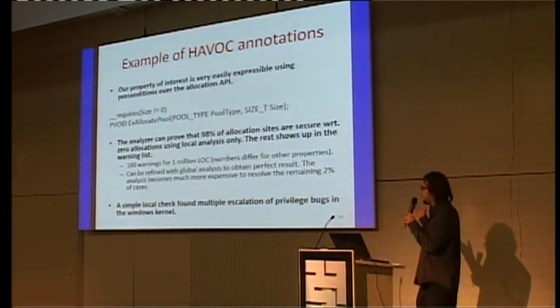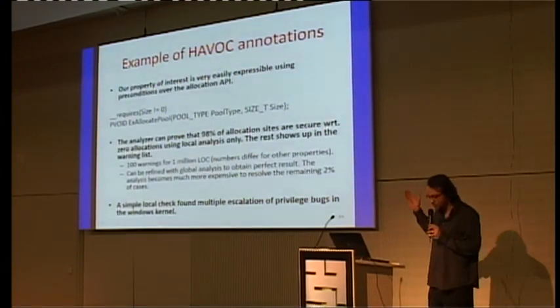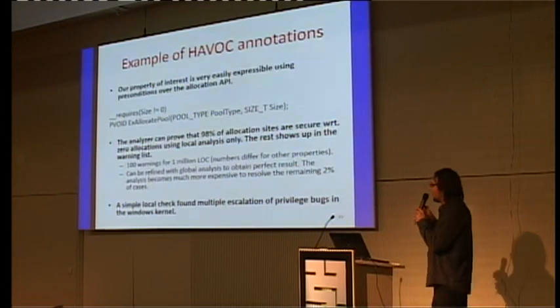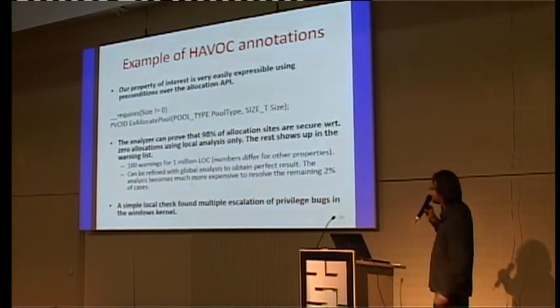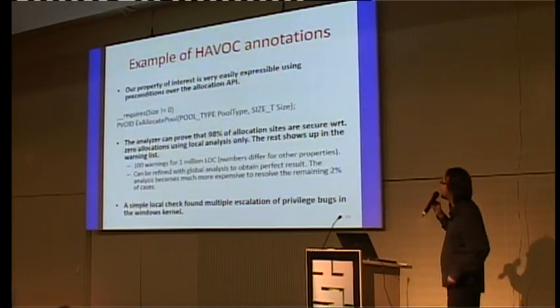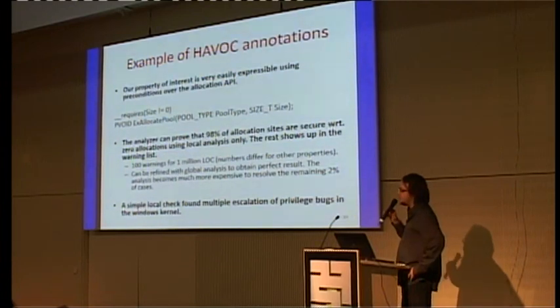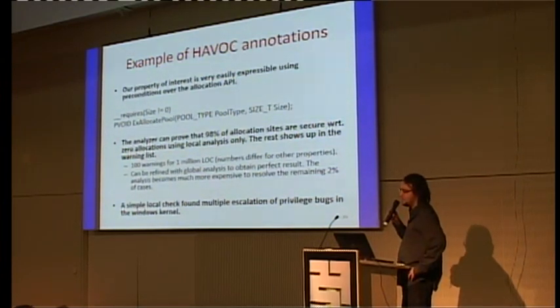And we've done this very simple case, just adding one assertion for one simple property. This requires the size to be different than 0 for the ExAllocatePool API and for the related APIs. We uncovered multiple elevation of privilege bugs in the Windows kernel. It was about 10 bugs.